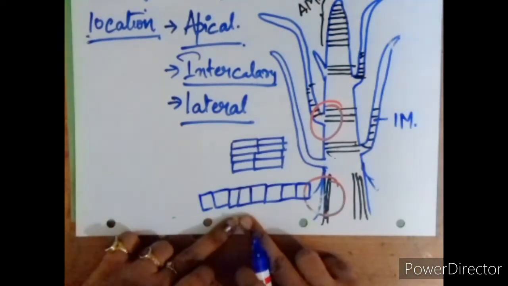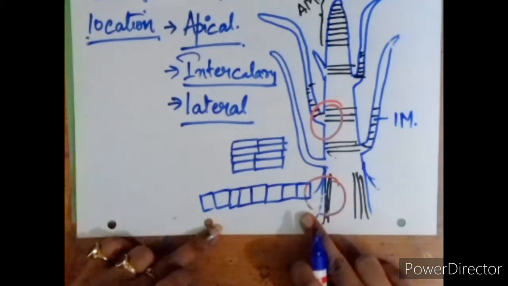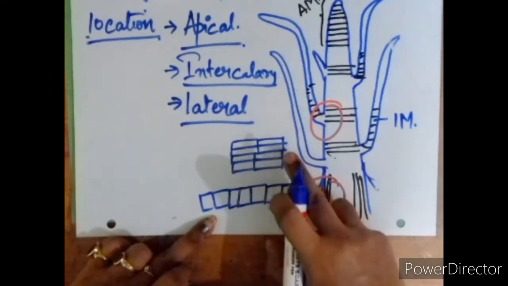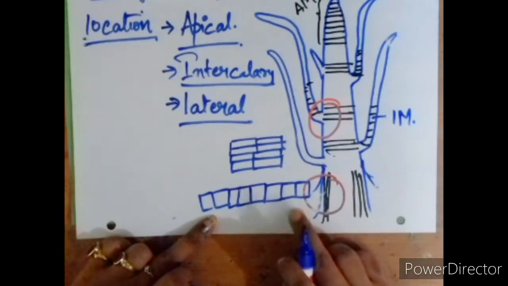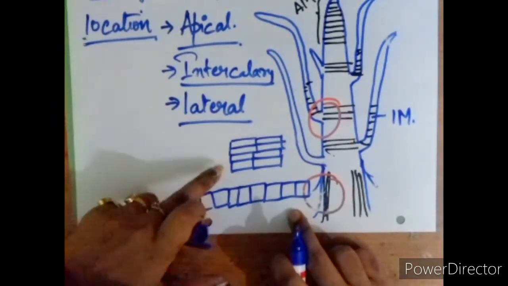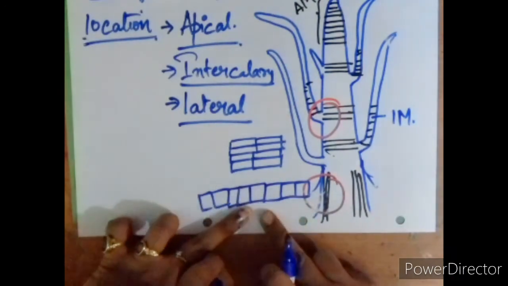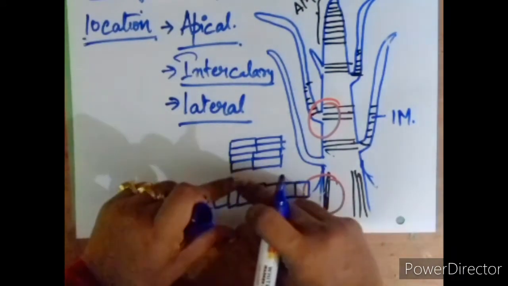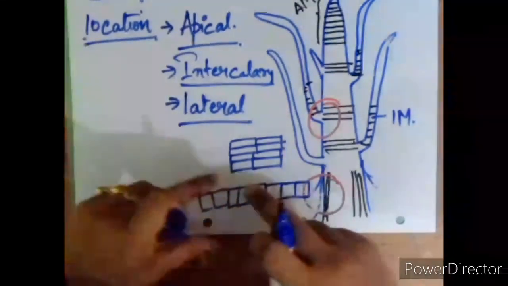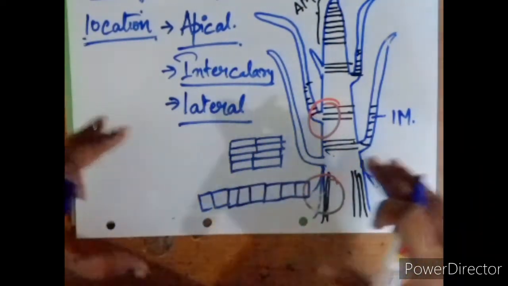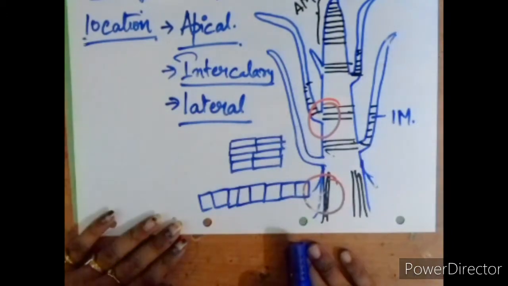You are seeing that the breadth of the plant is increasing. That means this is the primary growth, this is the secondary growth. So primary growth leads to lengthwise development, whereas the lateral growth or the secondary growth leads the plant to grow in breadth, in girth, in width. So I think this is clear to you.